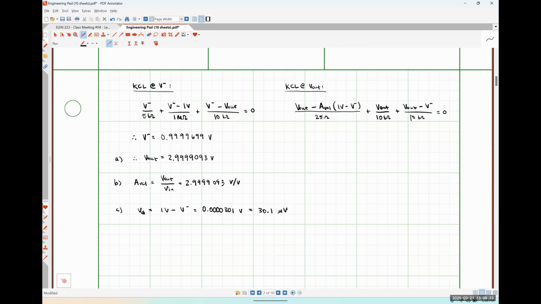So before we get too much into the weeds of determining our system input resistance and system output resistance, let's think back on what we learned in circuits 1, okay? So what were the ideal op amp rules?